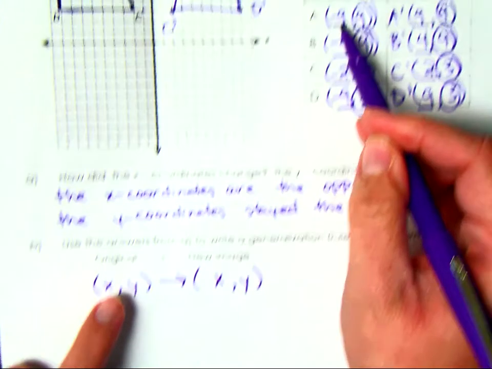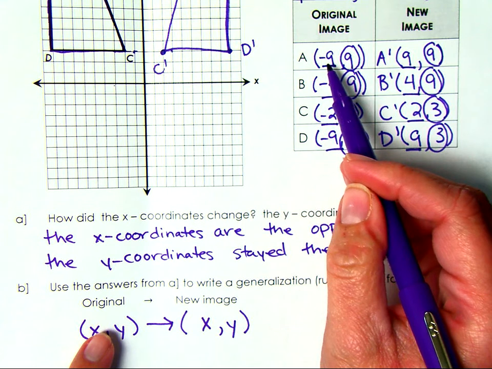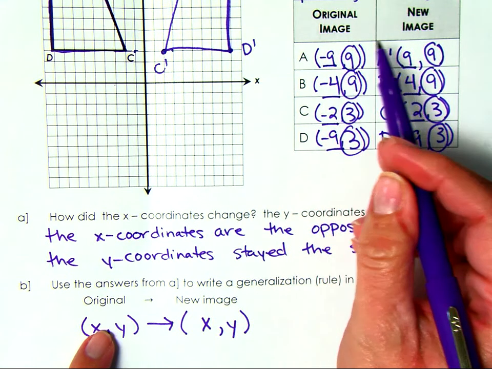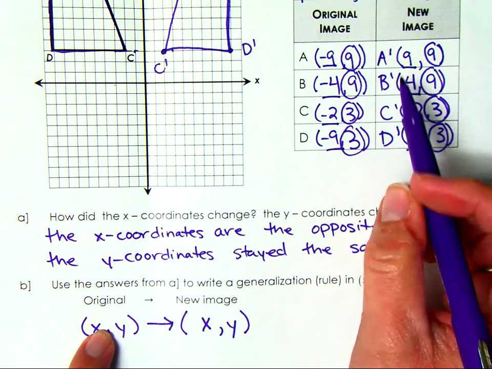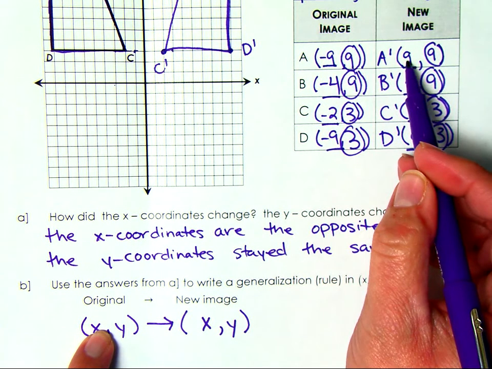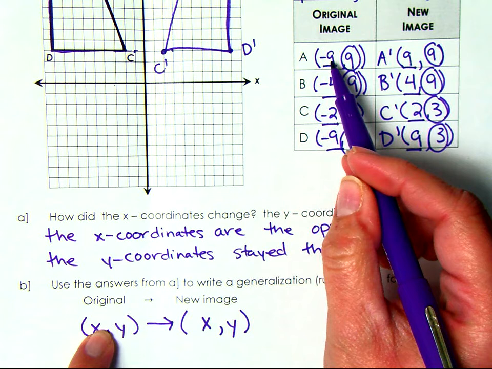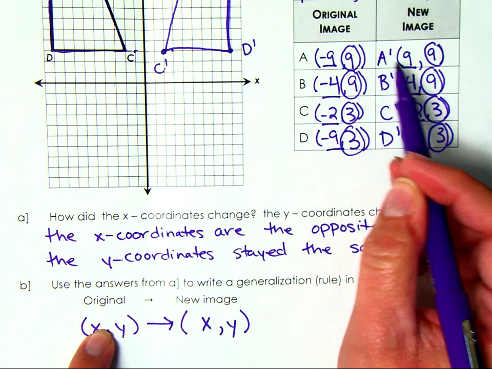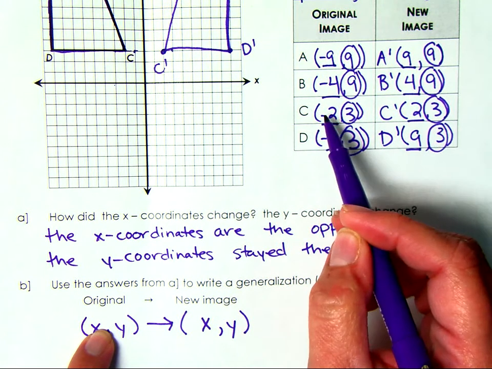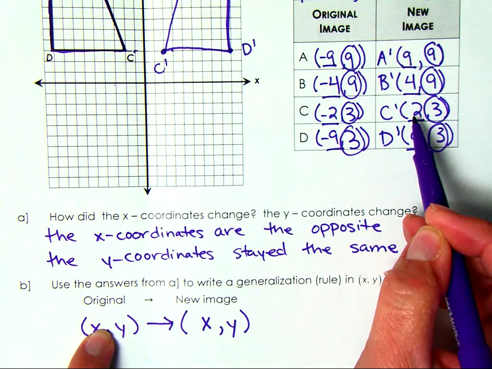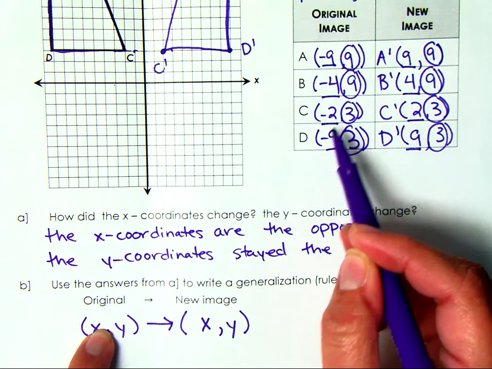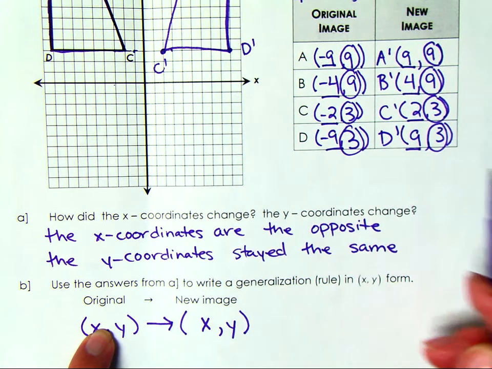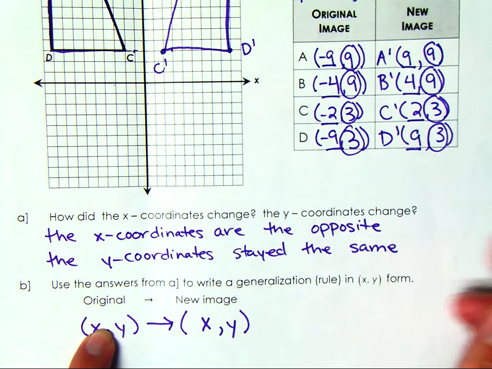If negative 9 was my original x, I can multiply that by negative 1, because a negative times a negative is a positive, and negative 9 times negative 1 is positive 9. Negative 4 times negative 1, positive 4. Negative 2 times negative 1 is positive 2. Negative 9 times negative 1 is positive 9.